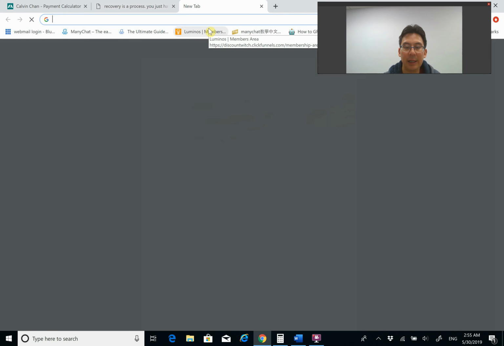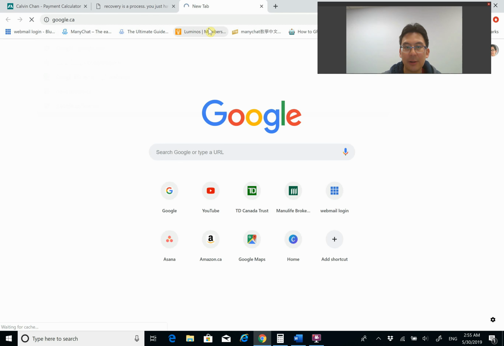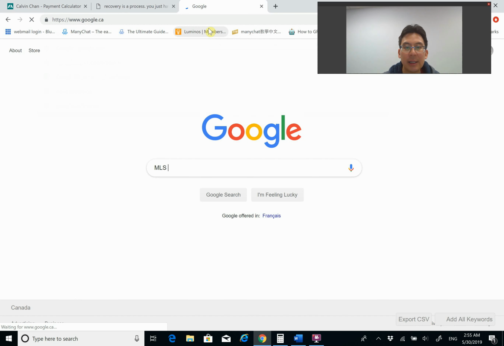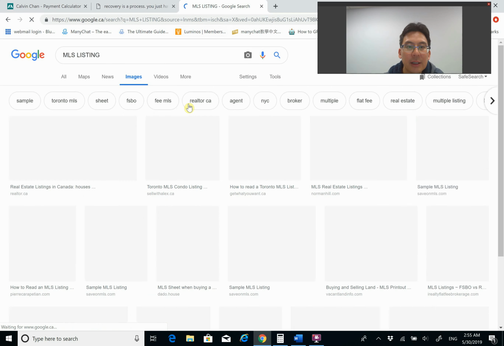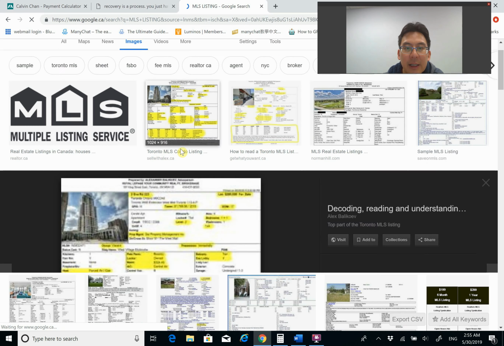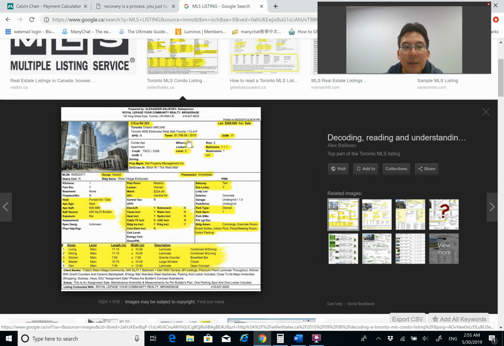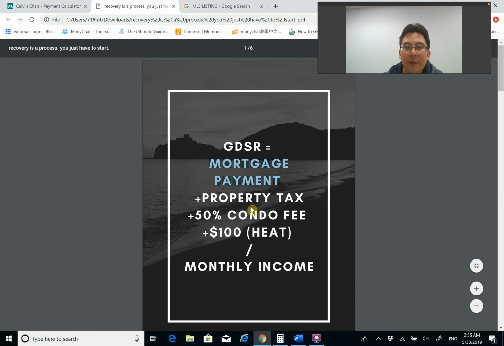Just go to the MLS listing, click there, and let's look at it. This one, tax 1,789 whatever. So that's the tax, right? You just basically divide it by 12, then you know the monthly property tax.